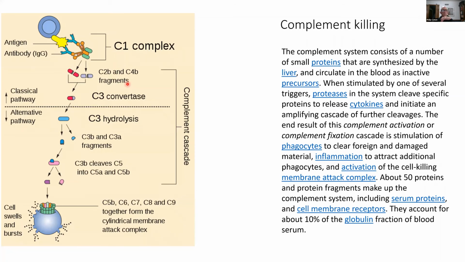And I was always frustrated that I could never memorize it when I was in medical school. But it ends up creating molecules that bind ultimately to this cell here and kill it by forming a killing complex at the surface.